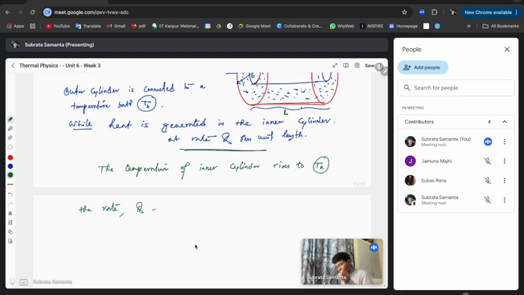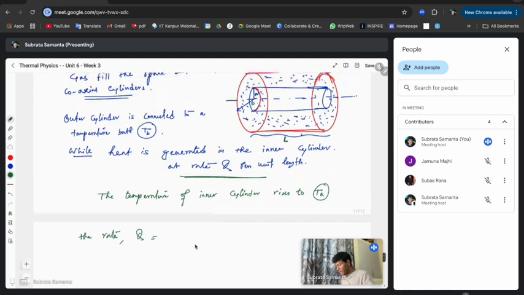The rate Q is basically 2 pi r times the heat flux, the radial heat flux. So this is the radial direction.